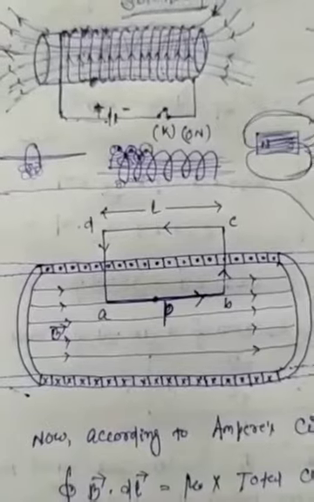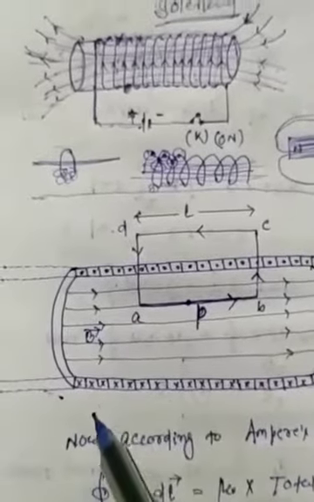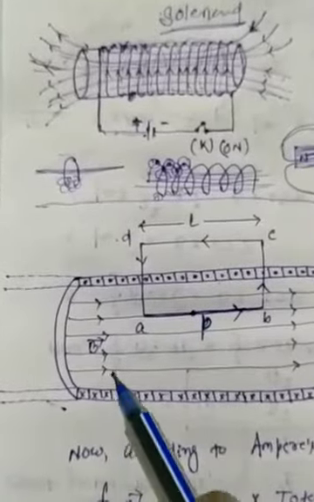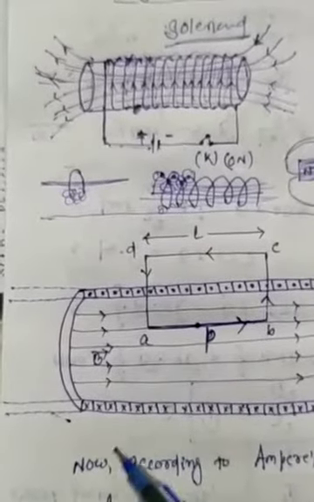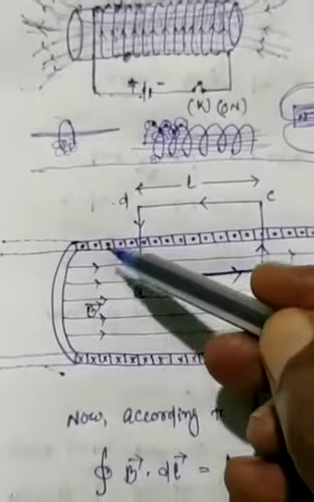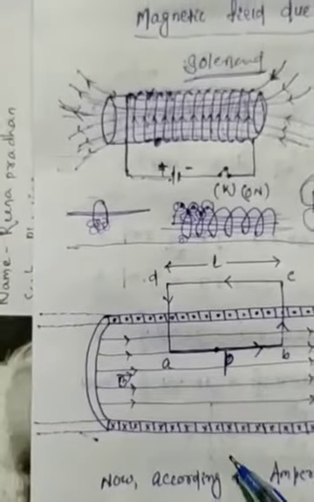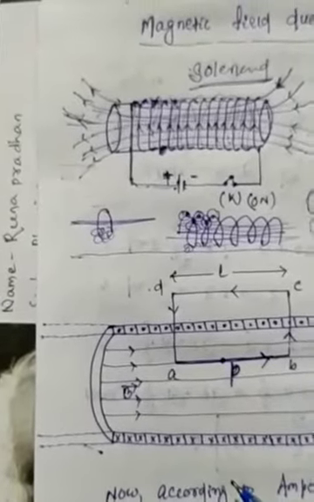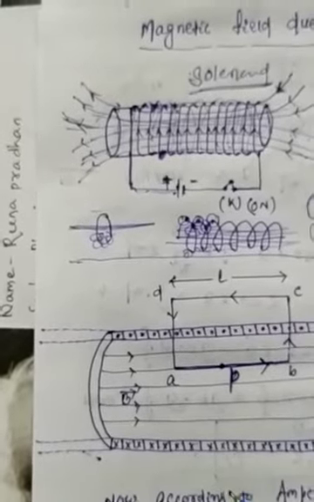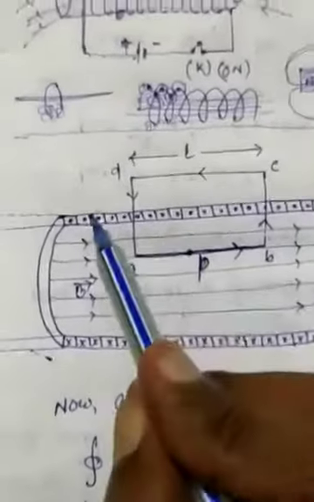The total magnetic field is the vector sum of the magnetic fields due to currents through all turns in the solenoid. First magnetic field, second magnetic field, third magnetic field, their sum is known as the total magnetic field. So let us consider this is a solenoid.